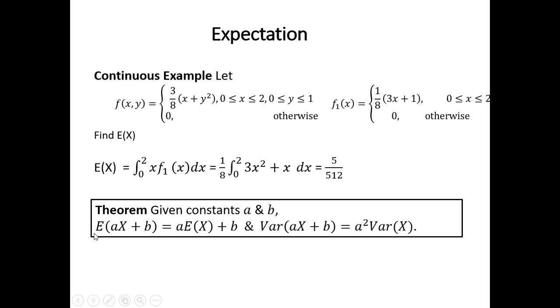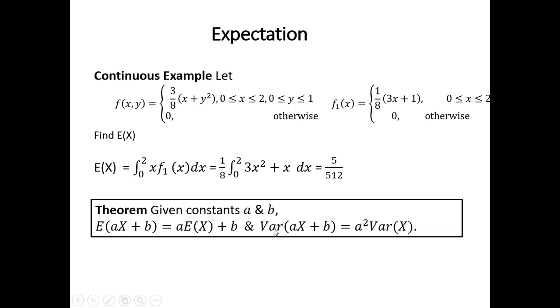If we have the expectation of some sort of linear combination, ax plus b, then we can take the A out and think of this as A times the expectation of X plus B. And if we wanted to find the variance, we could take the A out, but this becomes A squared when we take it out, and the B sort of disappears.